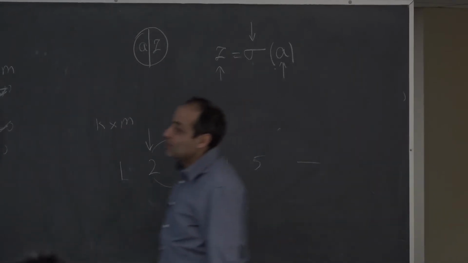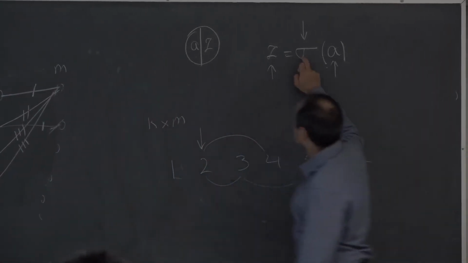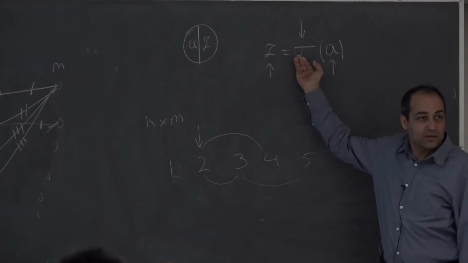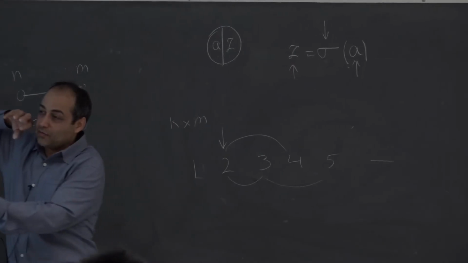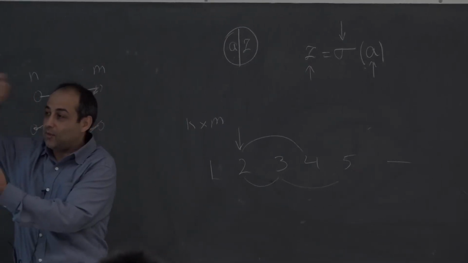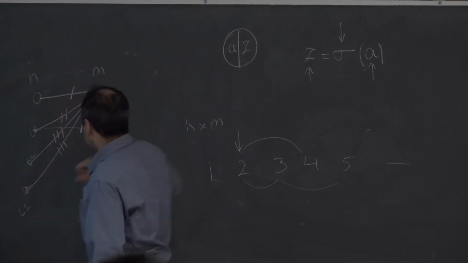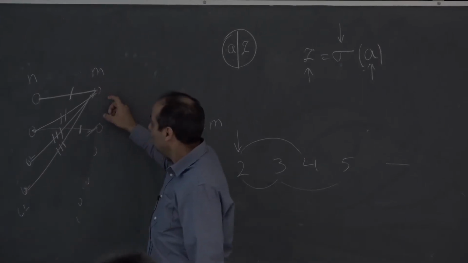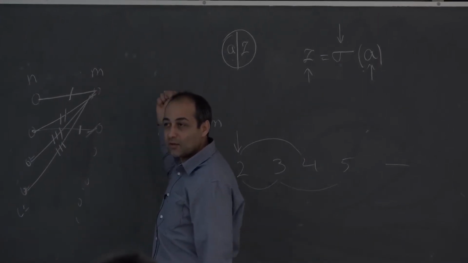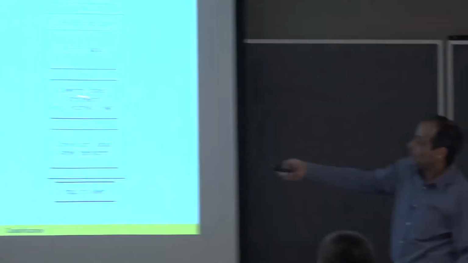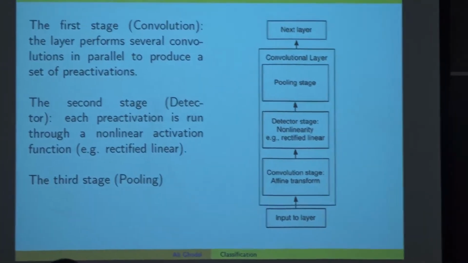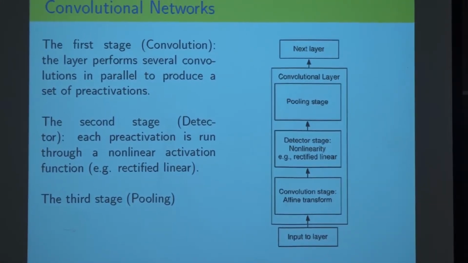And detector stage basically means applying this nonlinearity. So we have multiplication of this kernel times a part of the image and take the summation, it comes here. Then you apply a nonlinearity to it. Applying this nonlinearity is called detector stage. Same as nonlinearity that we had before.